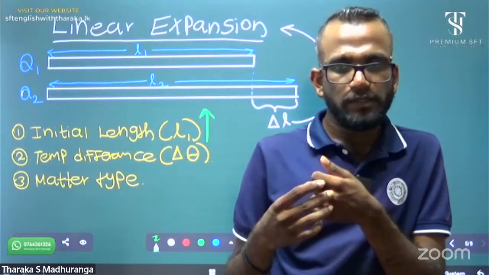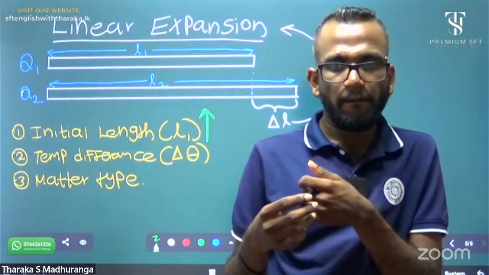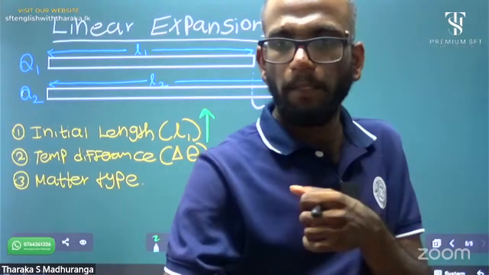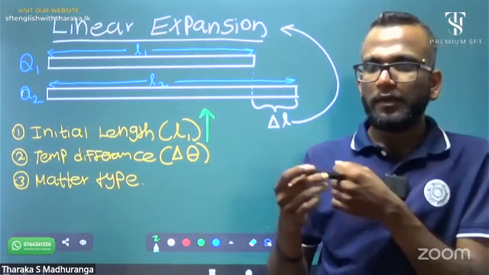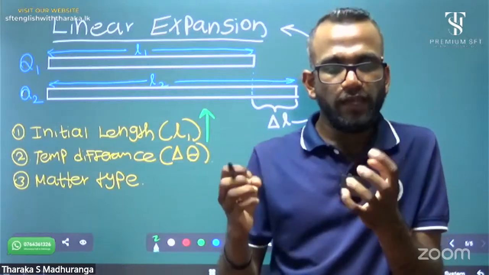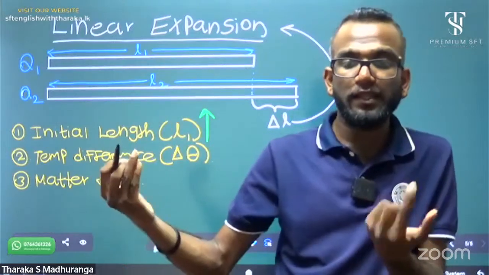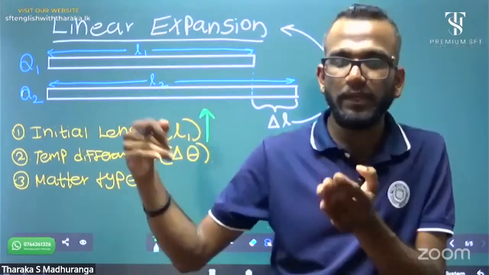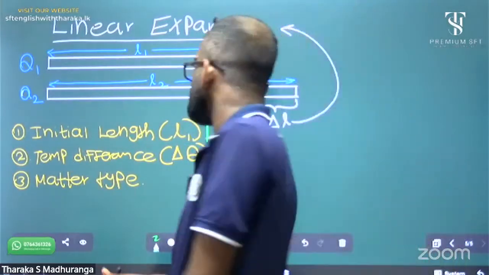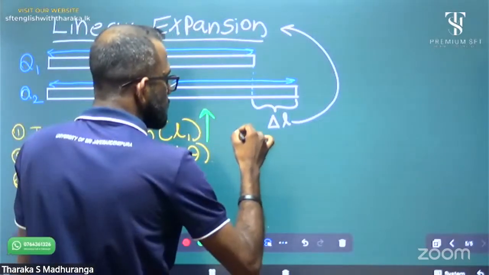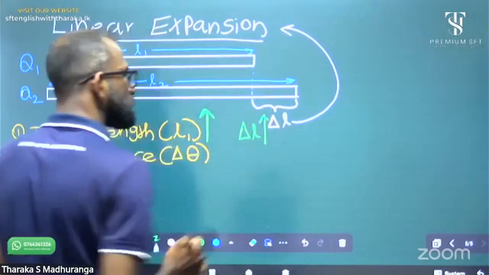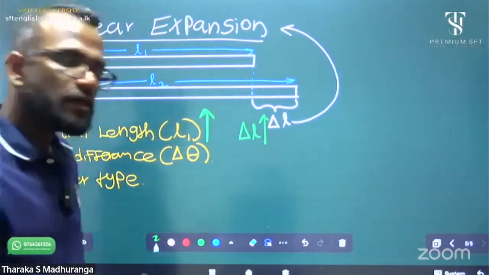Yes, the 2 meter one. So when the initial length increases, the length increasing ability, that means linear expansion delta L, also increases.